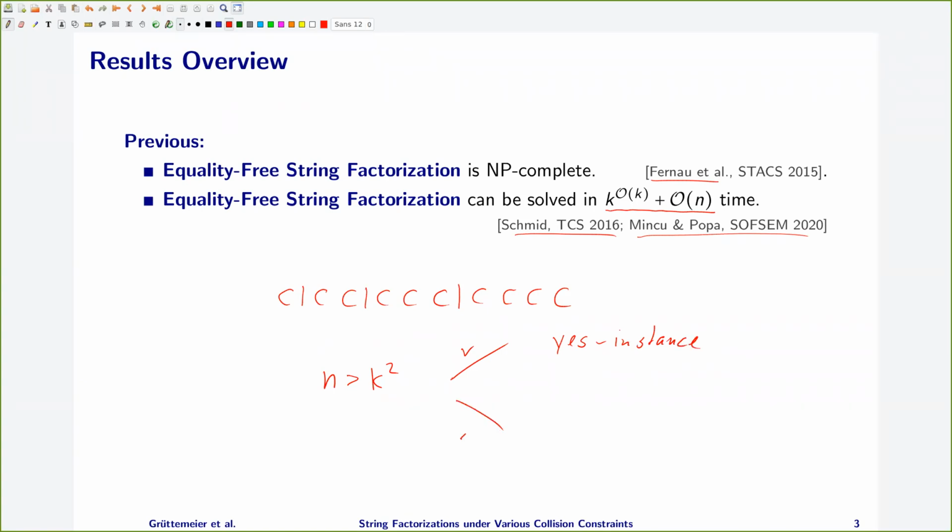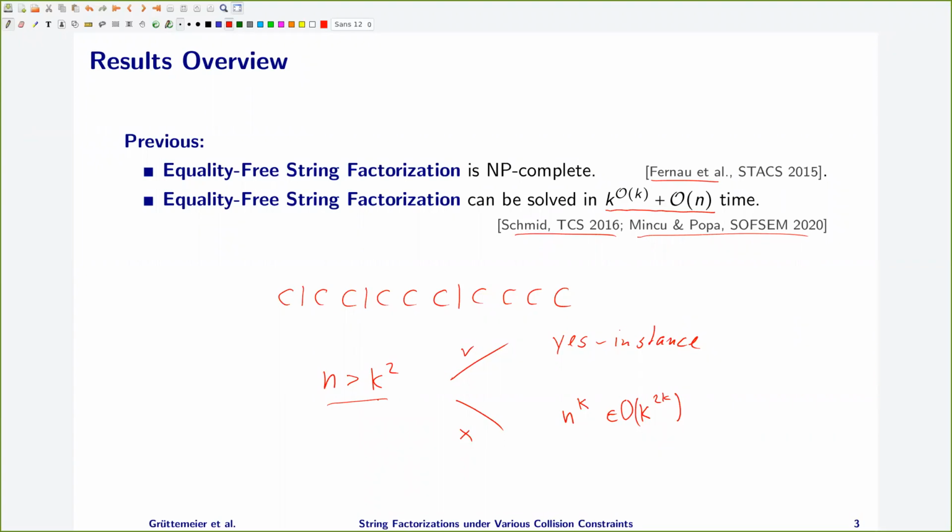And if this is not the case, then your n to the k brute force algorithm will be basically an O of k to the 2k algorithm, right? So this first step is basically dealing with the large instances that are much larger than this k.